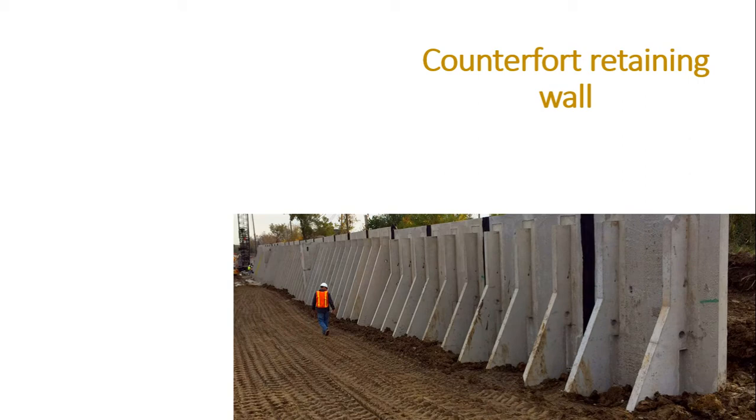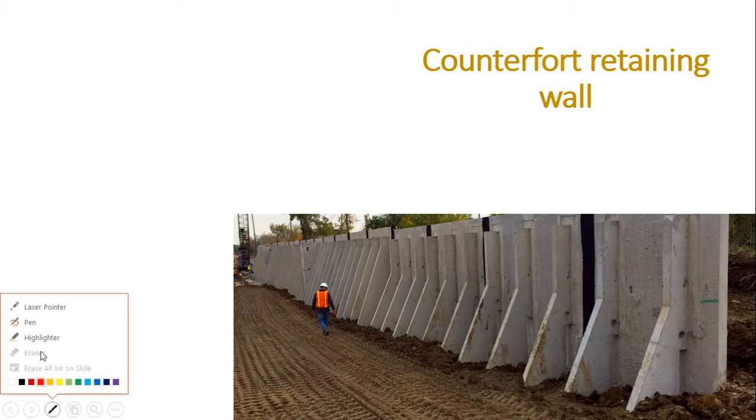So out of that, one type is the counterfort retaining wall. This is just similar to the cantilever retaining wall, but the only difference is this portion. So this extra projected portion is available over here.